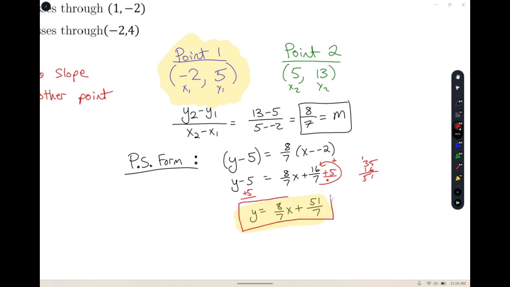She was saying that if you just plug in 2 for x, you can solve for b. What I did was I plugged in 5 for y and negative 2 for x, and I solved for b, and that's all I did. How'd you solve for b? Because that'll give me the y-intercept to find the line.